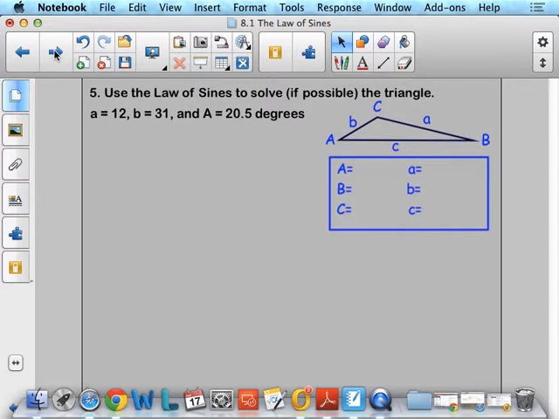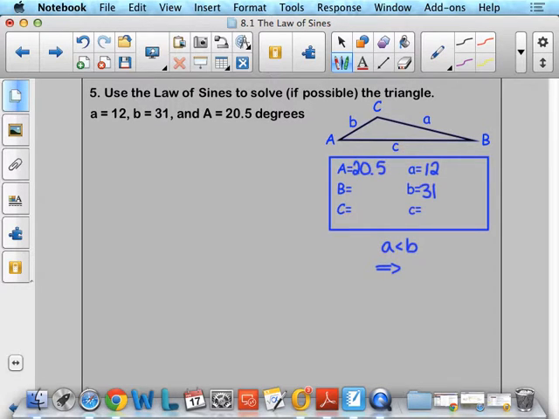Okay, the second example. So we know a is 12, b is 31, and A is 20.5. Okay, so before we start again, we have a is less than b.